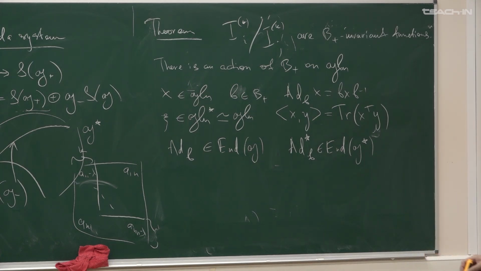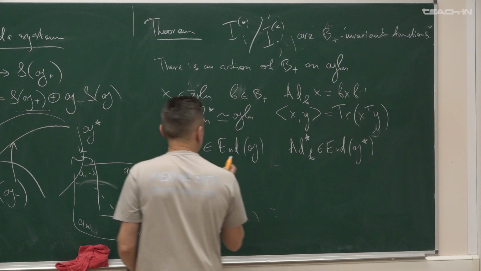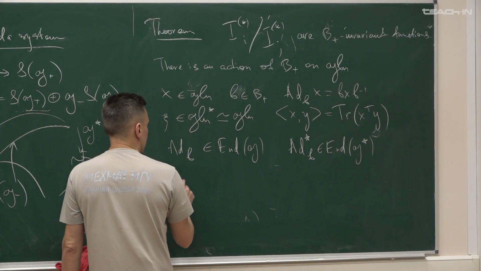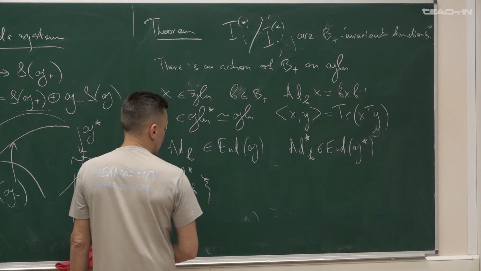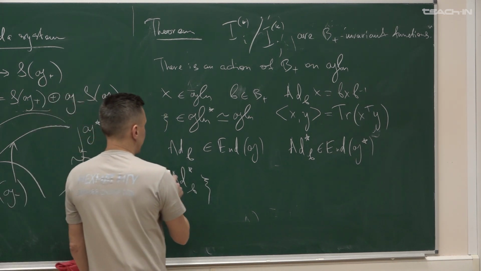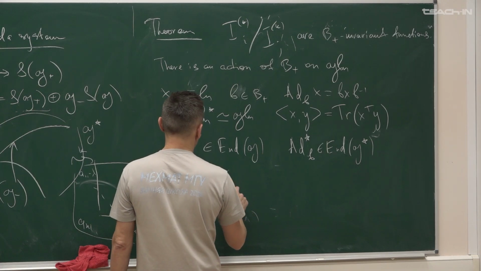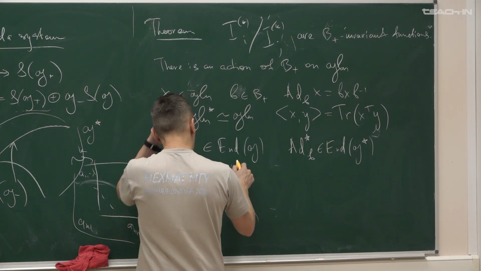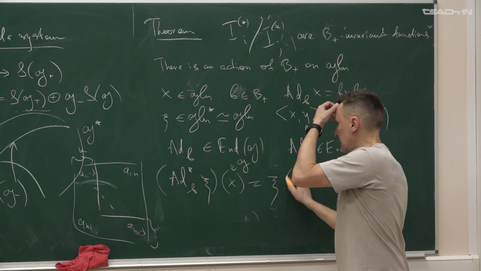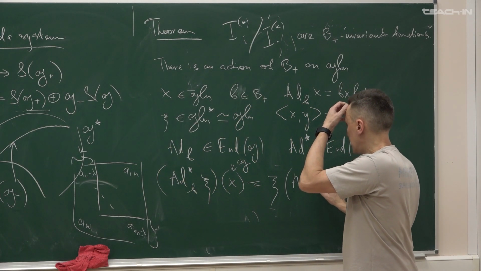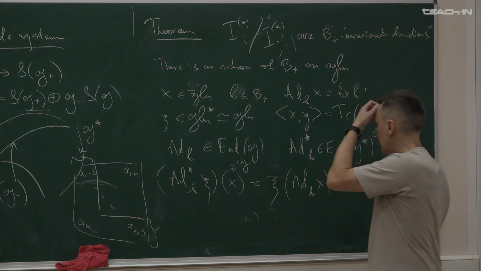How is it defined? ad star b on xi applied to x from G is xi applied to ad b of x.